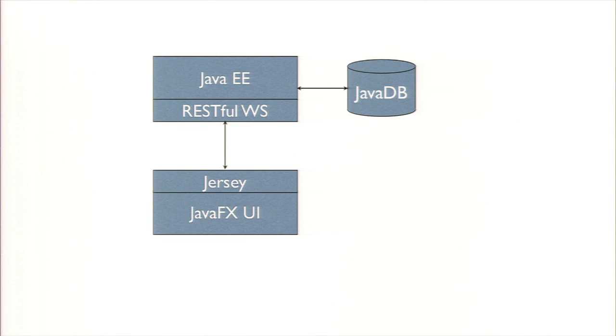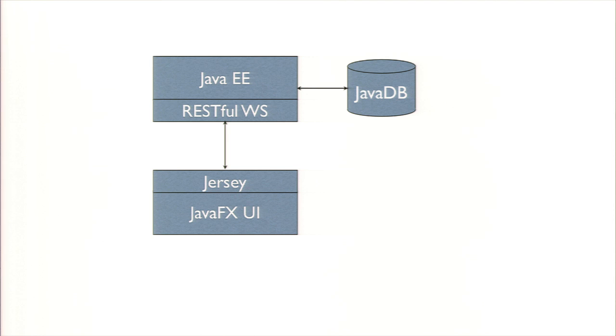So how is the application implemented internally? I use a Java EE application, which was written by Arun Gupta to showcase some of the new features of Java EE 6. That's running on a GlassFish server here on my notebook. It gets the data from a database, JavaDB in this case.